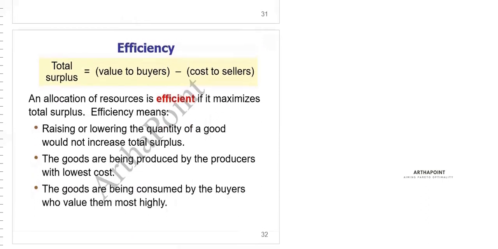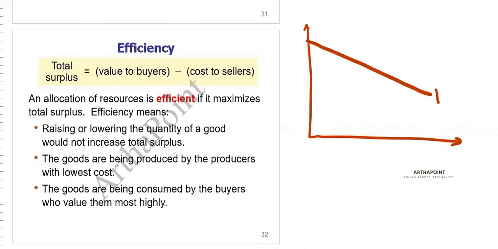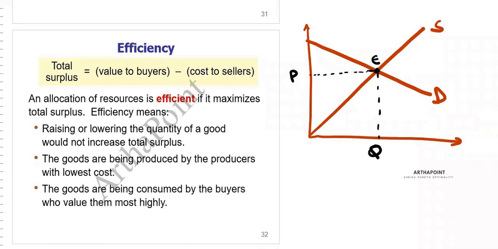Let's go ahead and understand this once. If I have to prepare a diagram of market efficiency, let us say that I have a demand curve and a supply curve, and wherever demand is equal to supply, that is my equilibrium. From my equilibrium, I get my equilibrium price and quantity. What was consumer surplus?